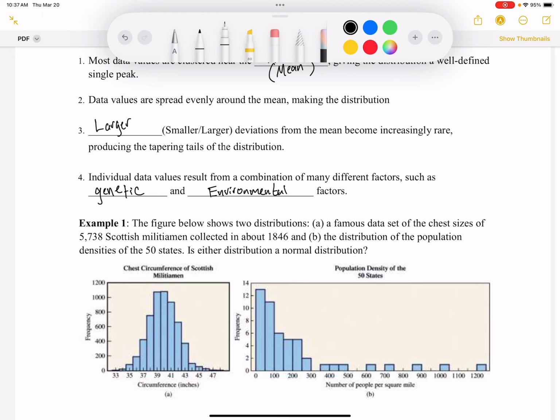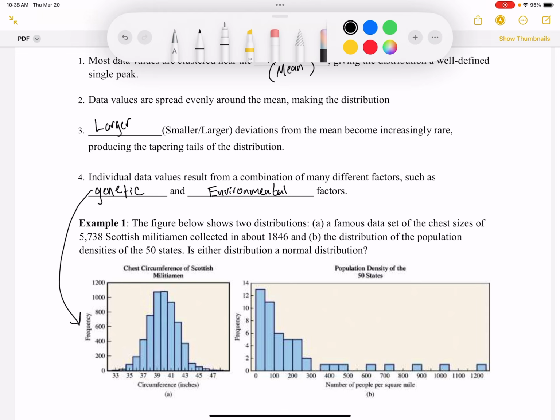So, example 1, the figure below shows two distributions. A famous data set of chest sizes of 5,738 Scottish militiamen collected in about 1846. So this has to do with more genetic factors. And the second one is the distribution of the population densities of 50 states.